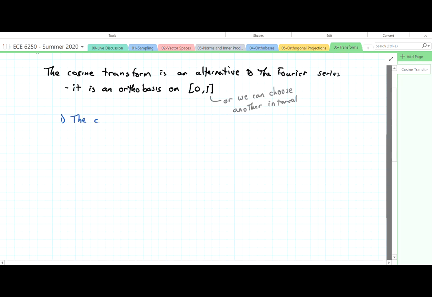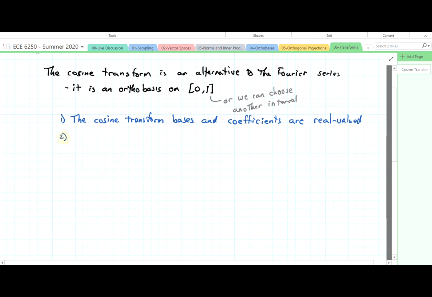So the cosine transform bases and the corresponding coefficients, they're real valued. And this is one of the things that makes it very useful.